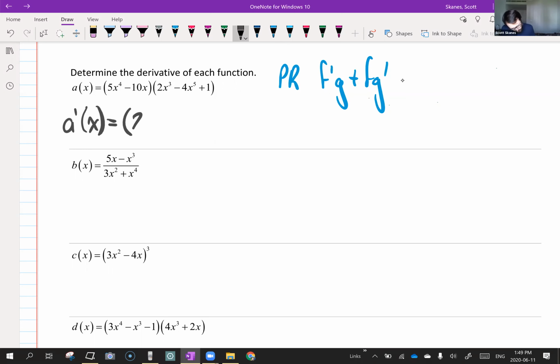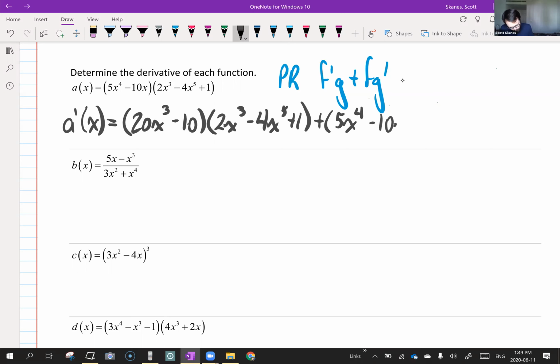The derivative of the first one times the second one, plus the first one as is, or f, and the derivative of the second one, 6x squared minus 20x to the power 4, and 1 is a constant.